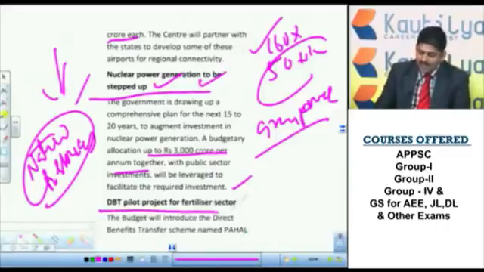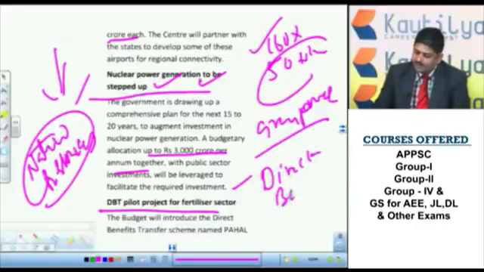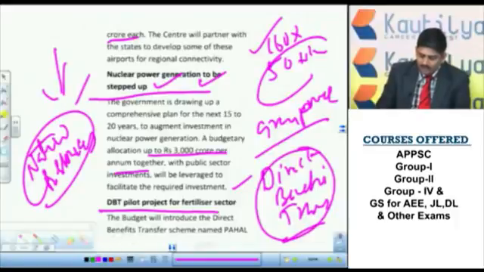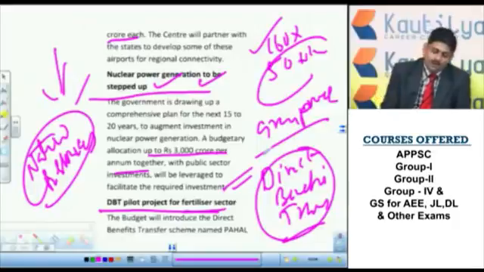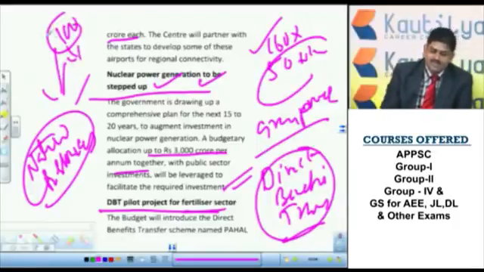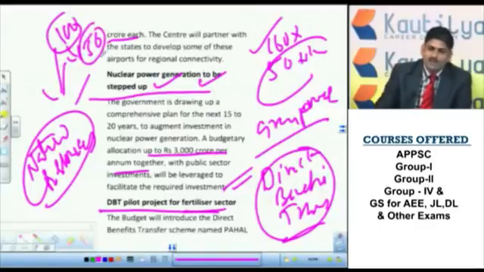Next, DBT, as I told you already, direct benefit transfer. For gas transfer this is already implemented, and we already discussed this. DBT is now used for the fertilizer sector also. That means if the Government of India sells fertilizers at a lower price, say the fertilizer price is 100 rupees and the government sells it for only 50 rupees, it leads to the black market.